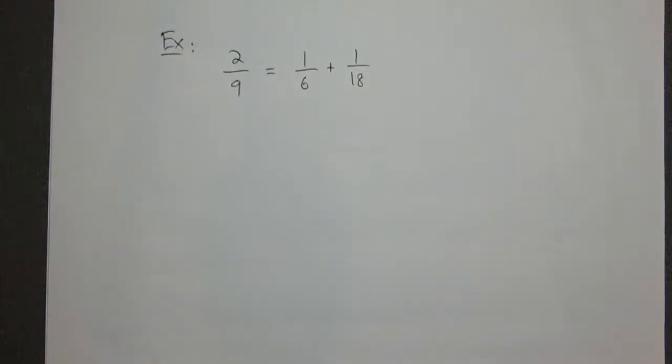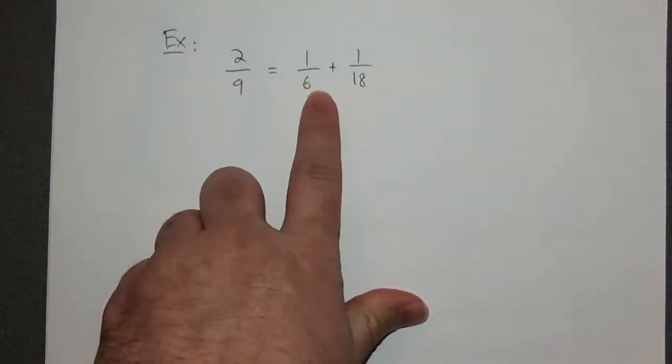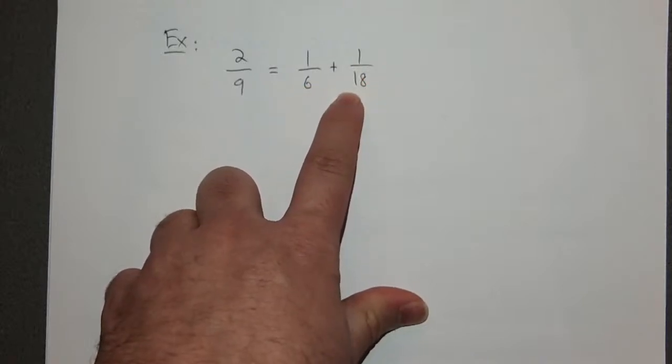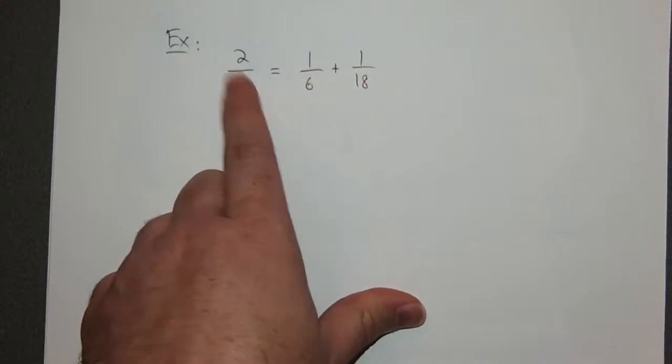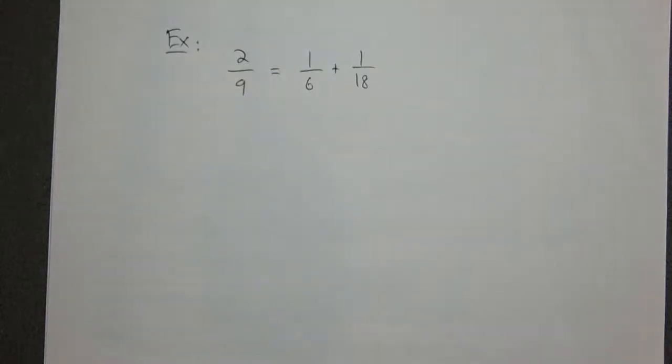You can check really quickly that this actually works. If I put these in common terms of 18, this would be 3/18, and this would be 1/18. So the sum would be 4/18, which is 2/9.